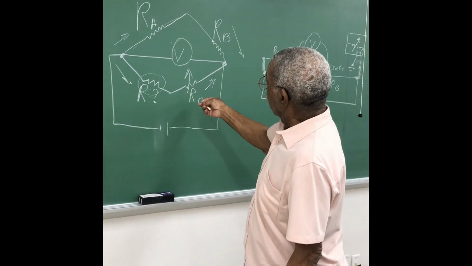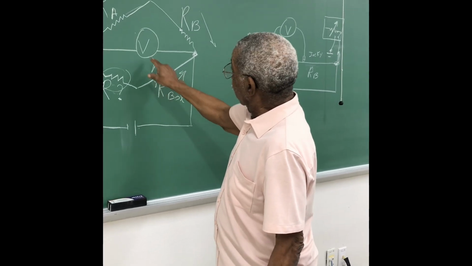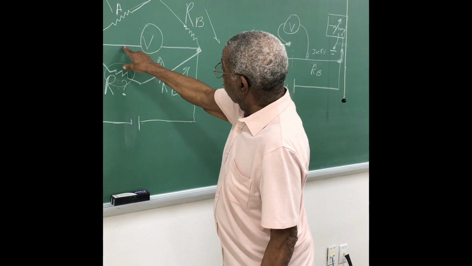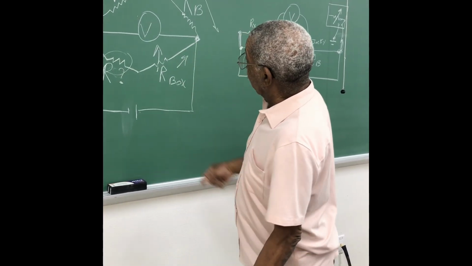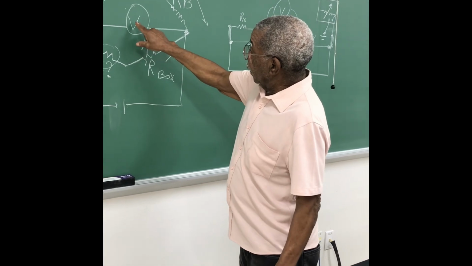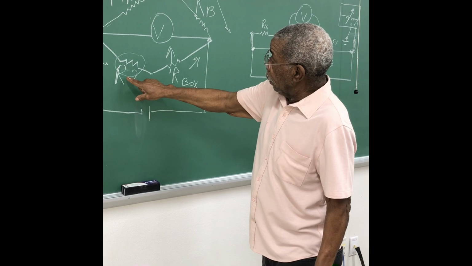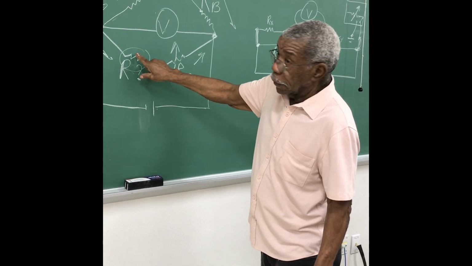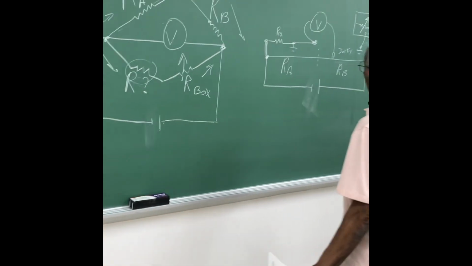We can vary this resistor until no voltage flows through this circuit. At the time we have no voltage flowing through the circuit, we can compute this unknown resistance, and I'll show you how that's done in a minute.